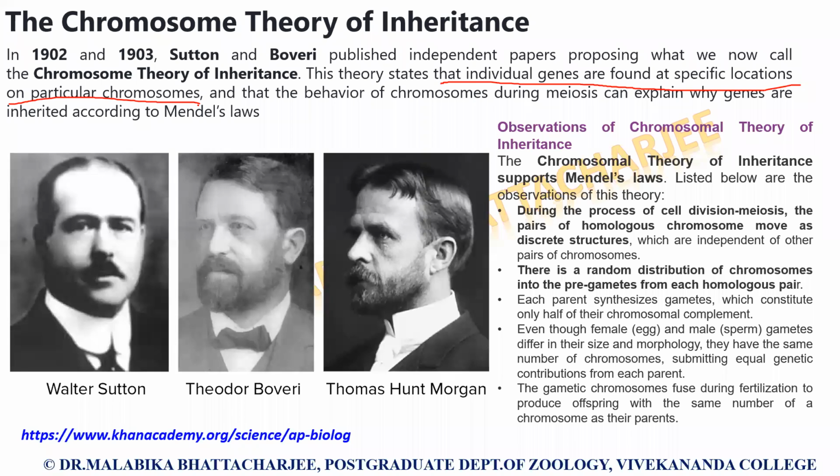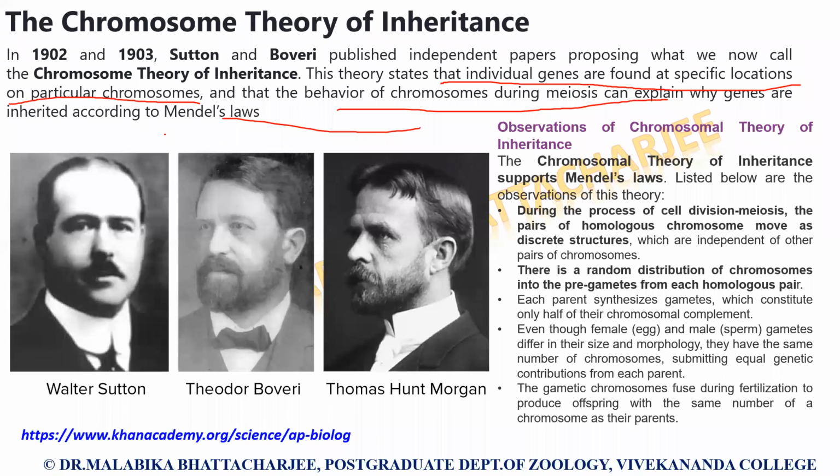If you remember, we did this in Mendel's class. So the location where a gene is found is known as locus, plural loci, and that behavior of chromosomes during meiosis explains why genes are inherited according to Mendelian laws.